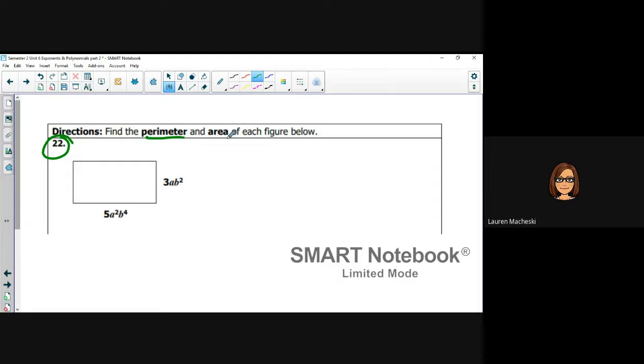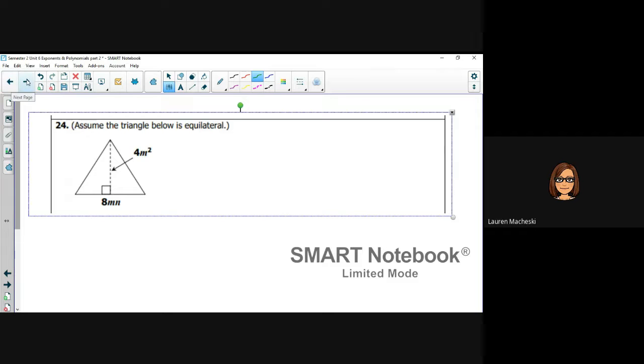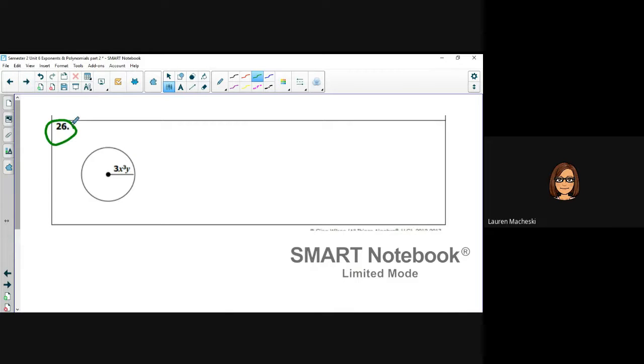Now remember, it asks you for perimeter and area. 23 also asks you for perimeter and area. And then, skip 24. We'll do 25, which just asks you for the area. And 26, which also just asks you for the area. So if I count correctly, that is 9 problems that you are going to do on your own.